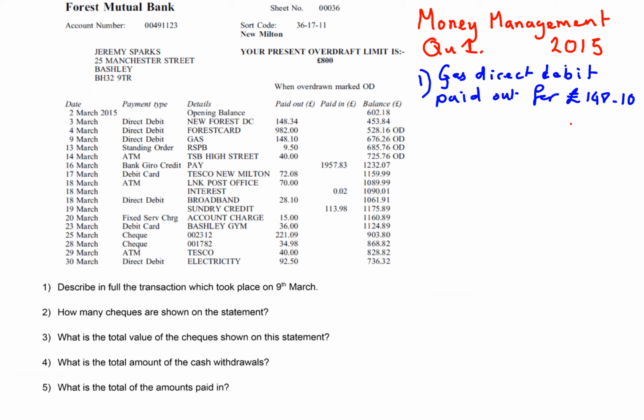So here it's telling you that a gas direct debit has been paid out. Make sure you put the paid out for £148.10.